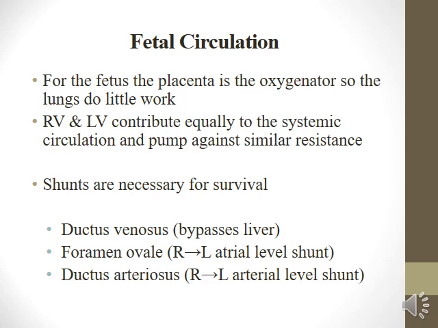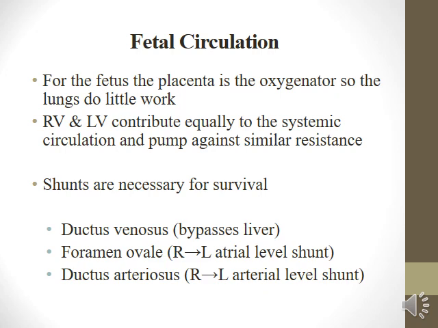And shunts are necessary for survival because the right ventricle pumps blood to the pulmonary artery, and as the lung is collapsed, a shunt is required. That shunts blood from the pulmonary artery to the systemic circulation by the ductus arteriosus.